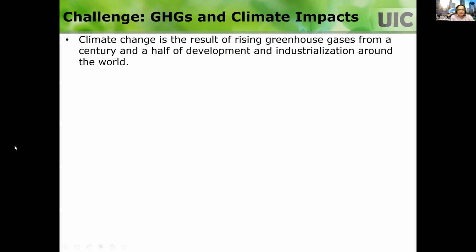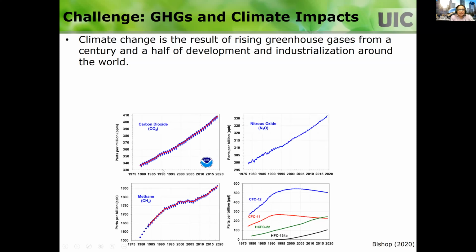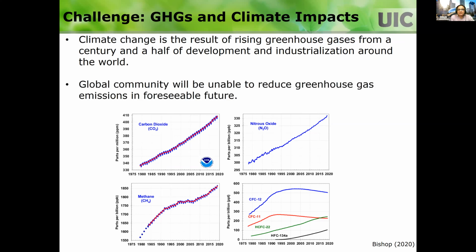It is a well-known fact that greenhouse gases means what? Carbon dioxide, methane, nitrous oxide, and the CFCs, HFCs, and they are increasing, right? And the climate change is happening due to these increased greenhouse gases.